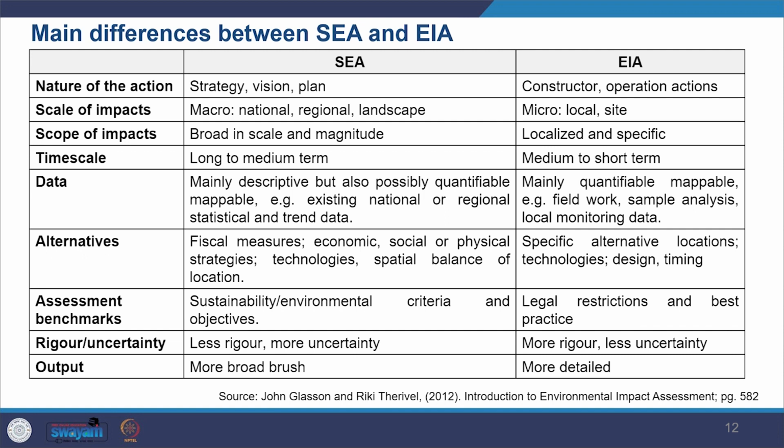And EIA is very rigorous and there is less uncertainty, so you can say things with more certainty. And output-wise, SEA is broader in all its approach because it deals with strategy, vision, and plan, whereas in EIA it is much more detailed. So that's how we see the major difference between SEA and EIA.